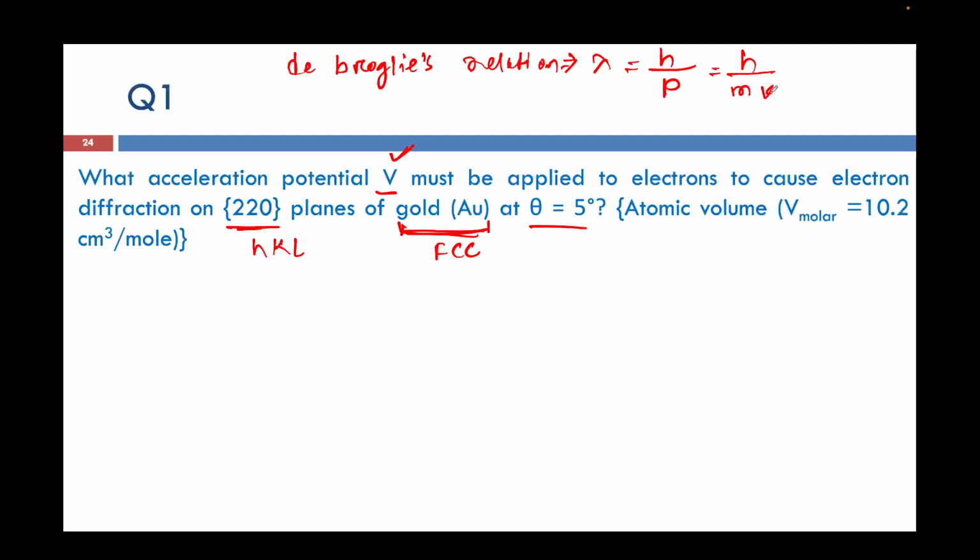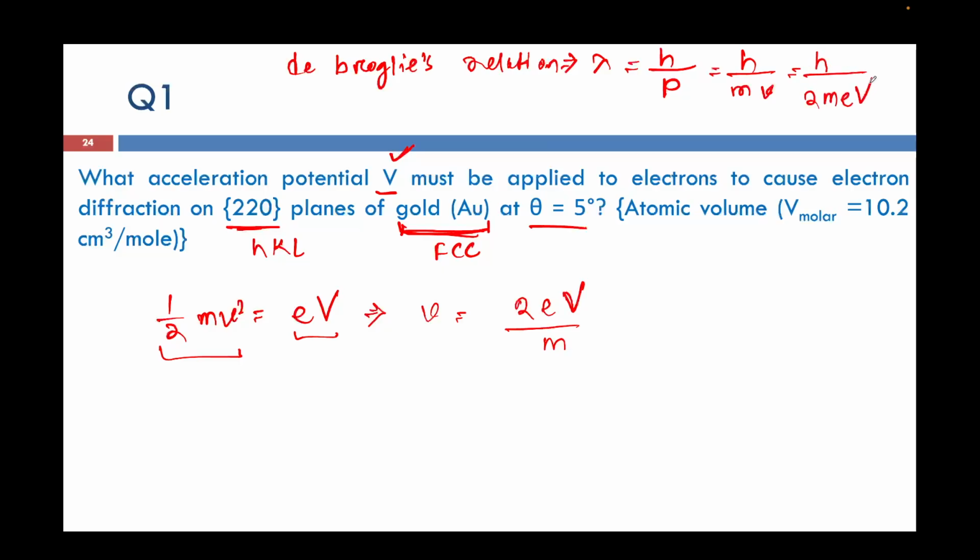And half mv square, the kinetic energy, will be equal to the potential energy when a charged particle goes through an acceleration potential of capital V, that is eV. Combining these two, small v will be the square root of 2eV divided by m, so momentum mv becomes the square root of 2meV.